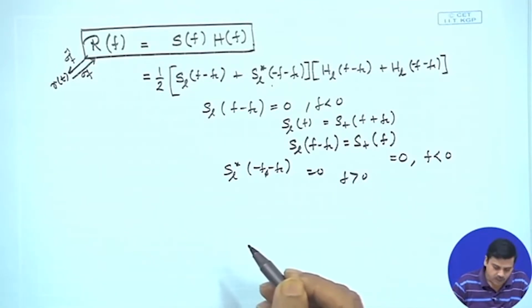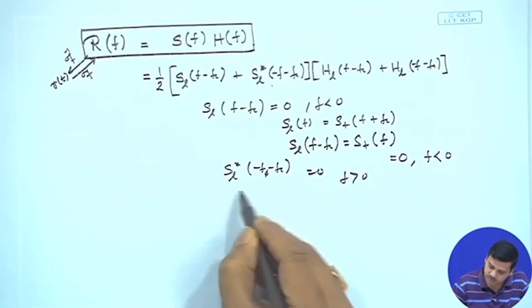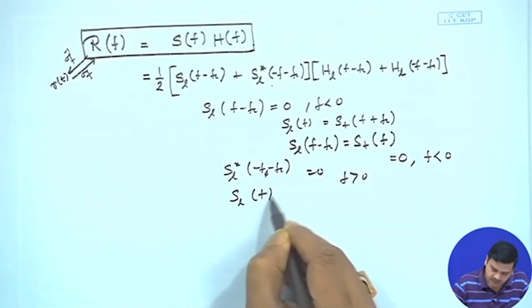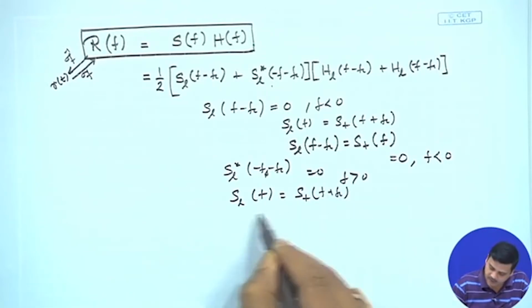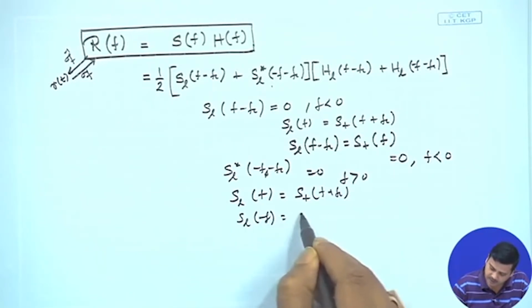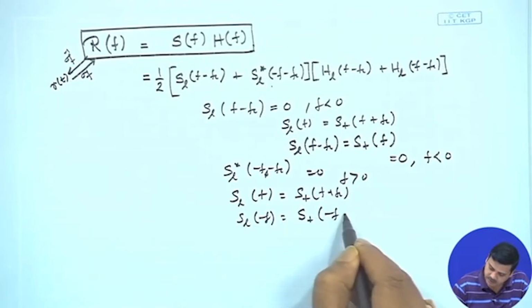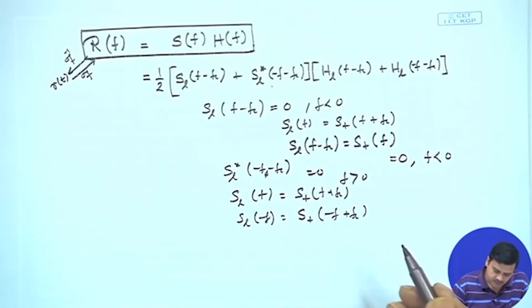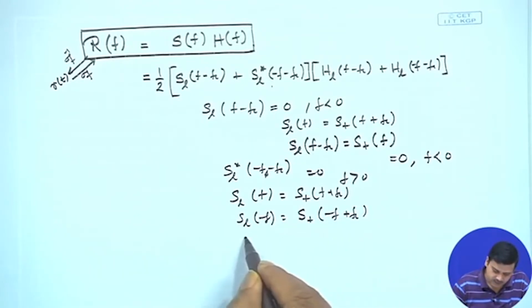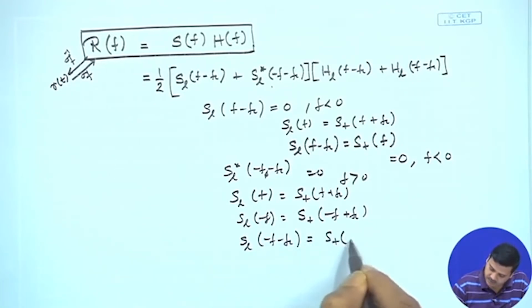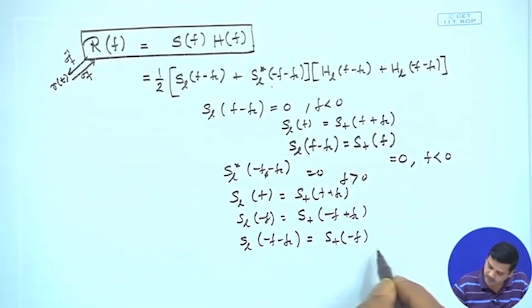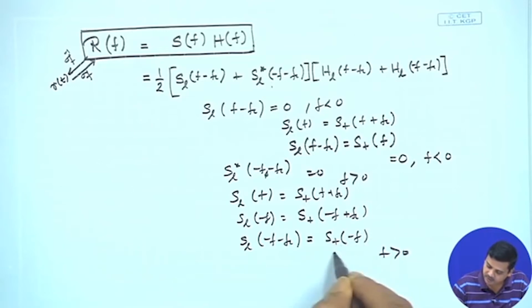To argue on this front, you could set up in a similar way that S_L(f) is equal to S_plus(f plus f_c), and S_L(minus f) is equal to S_plus(minus f plus f_c), and then S_L(minus f minus f_c) is equal to S_plus(minus f). If I put f greater than 0, you are going to get S_plus of minus f, that means negative values, which is 0.